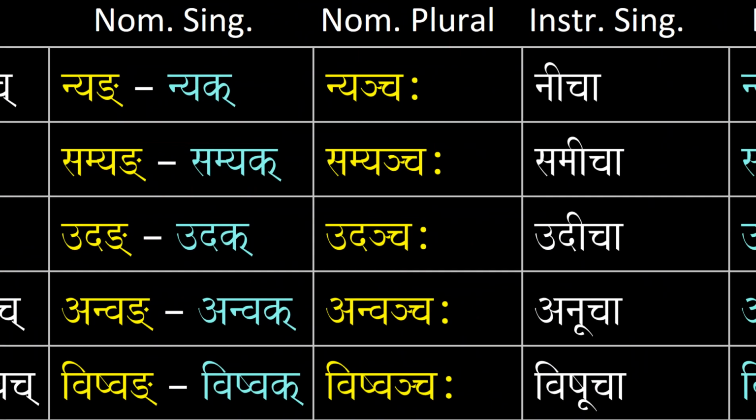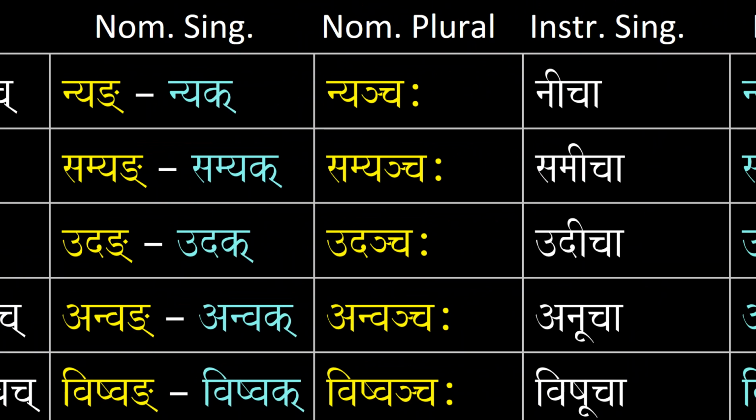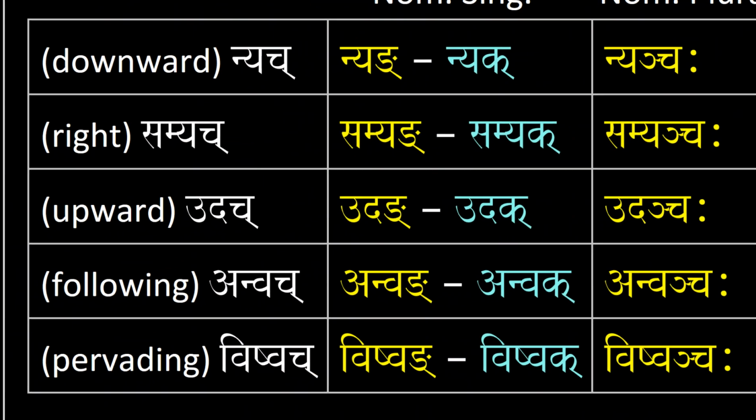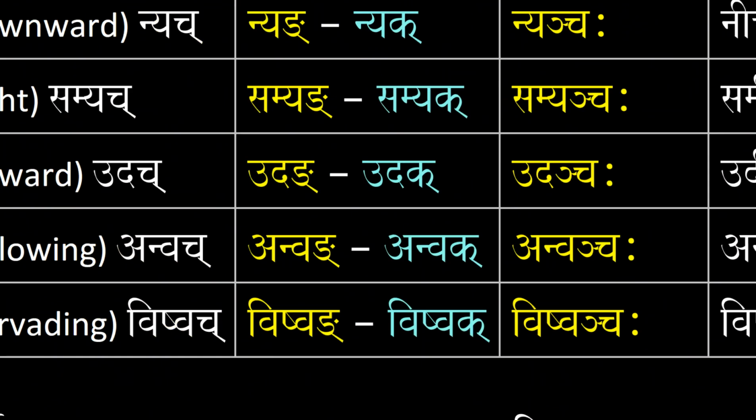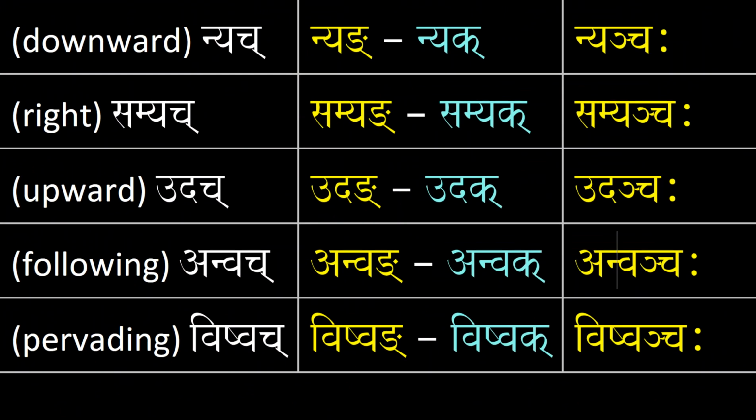For instrumental singular, we are working with the weak stem. And remember, if a ya is before the ach, then your stem is going to be ich. And if your ach is being preceded by a va, for example, following, anwach, you're going to end up with uch as your stem.